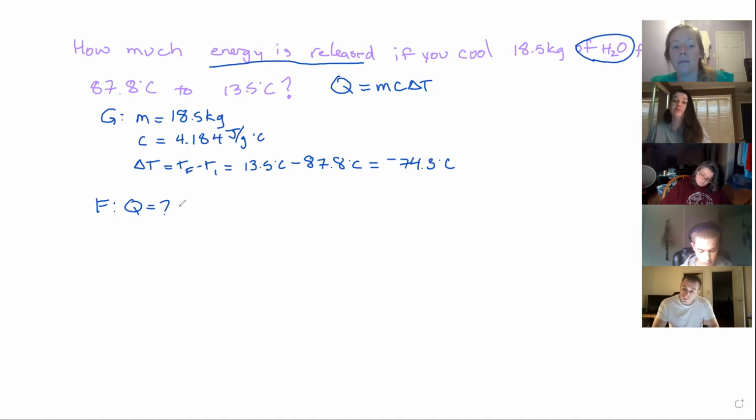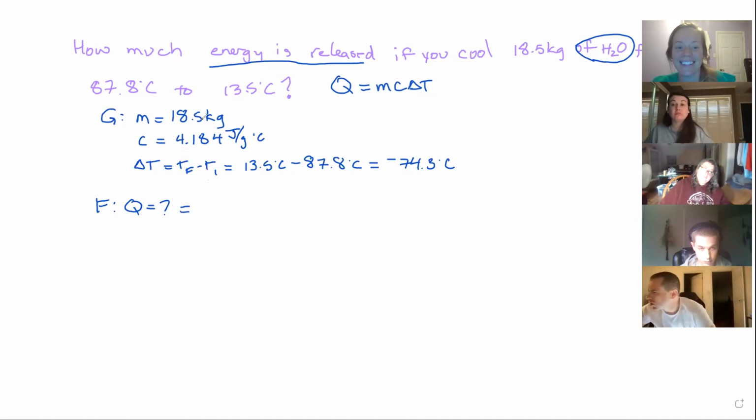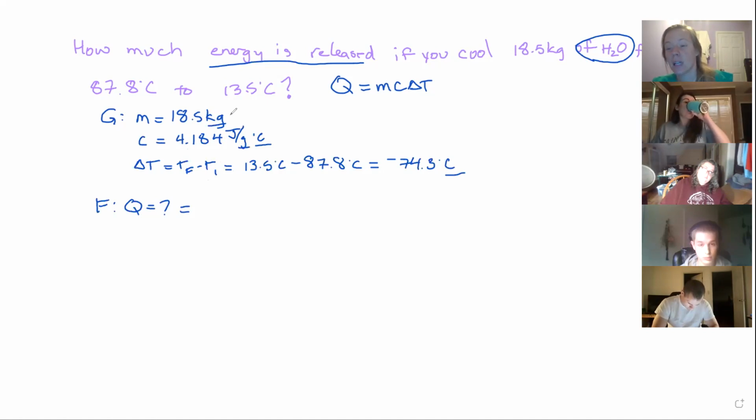So now we just plug it in, right? Well, hold on, pause. Let's check our units and make sure everything's good. This is in Celsius, this is in Celsius, this is in gram, this is in kilogram. Let's convert kilograms into grams before we put it into the equation. Remember, King Henry died before drinking chocolate milk.